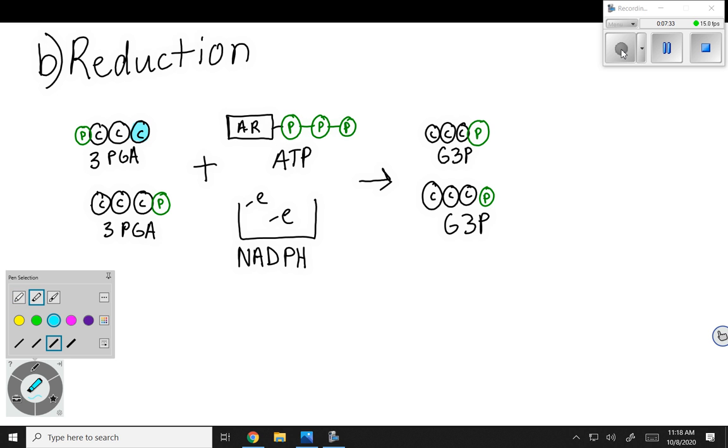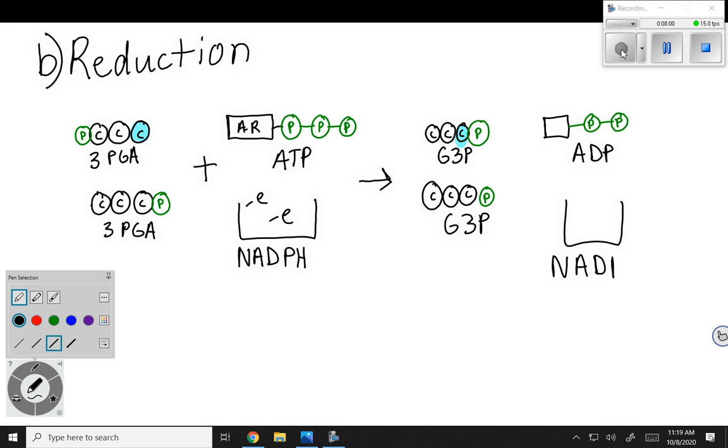And then what else would come out of this stage is our low energy forms. So now instead of ATP, we have ADP with 2 phosphates. And then we have our low energy form of our electron carrier, NADP+, with no electrons in it.